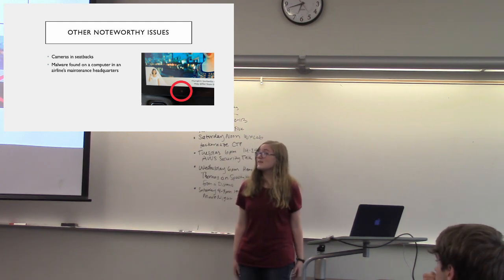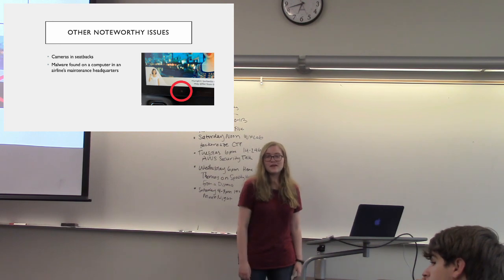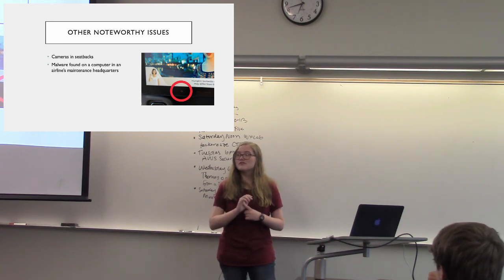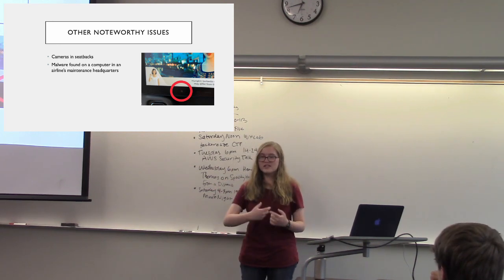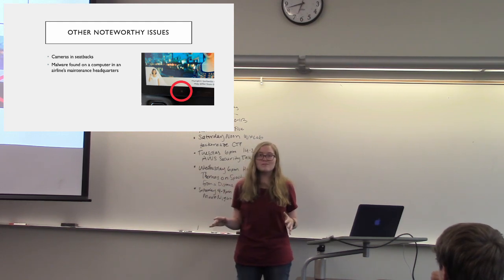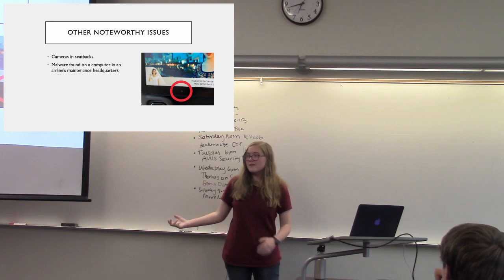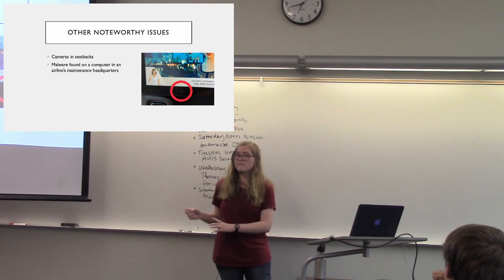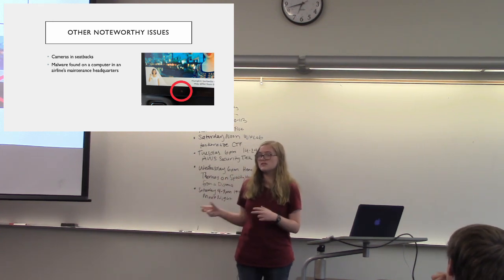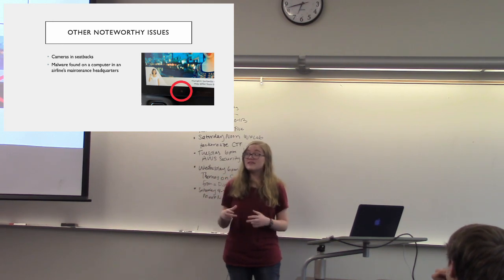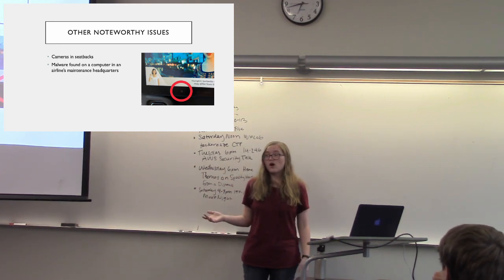And while they were examining this airline's maintenance facility, they found malware on one of the computers, which wasn't airline specific. It just was malware that happened to make it to that computer. But that raises this huge concern of, if that malware could make it to that airline's computer, what if someone wanted to put some form of malware that did, say, delete maintenance records on someone's computer?